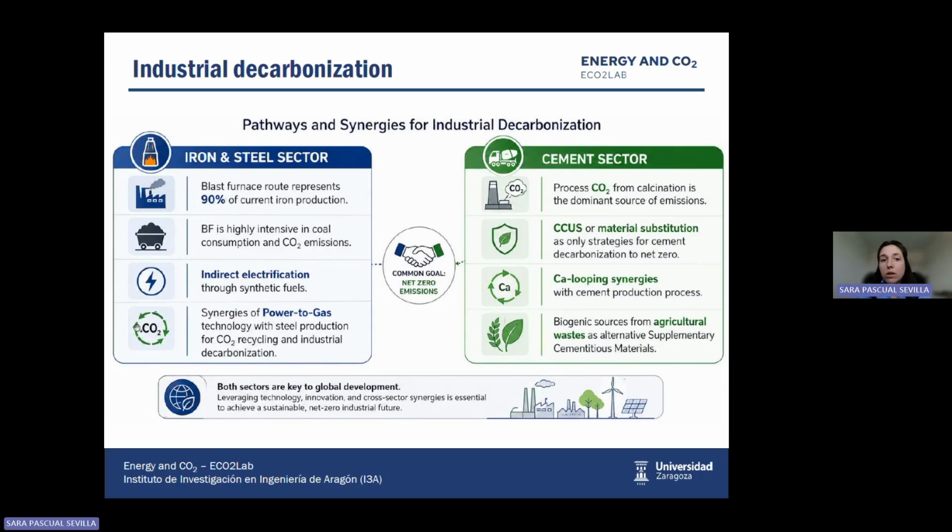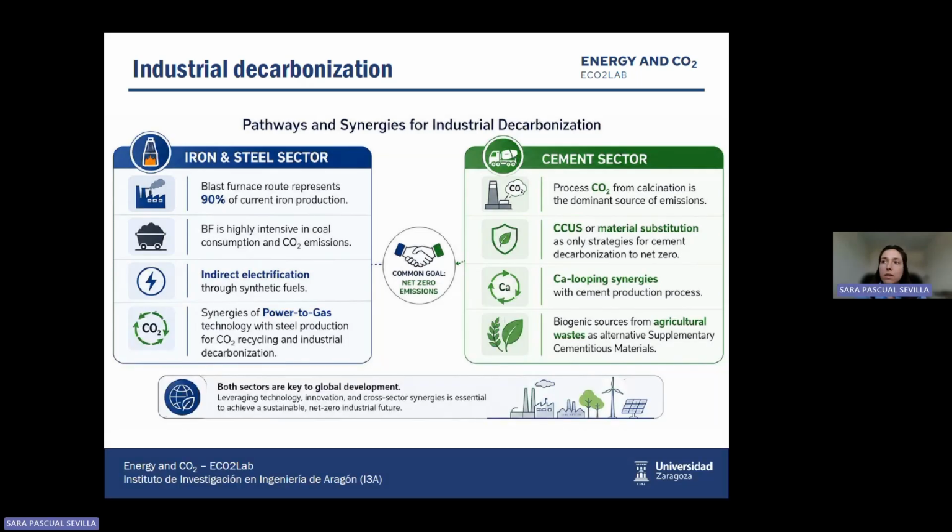The steel sector is one of the largest CO2 emitters, and it relies heavily on coal. To reduce these emissions, solutions such as the use of green hydrogen, the CO2 capture, and the production of syngas, like methane, are being proposed in the projects related to this industrial sector.